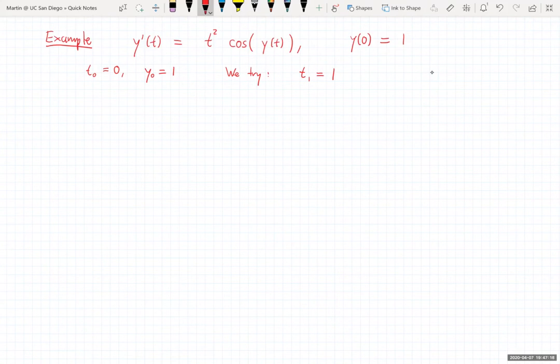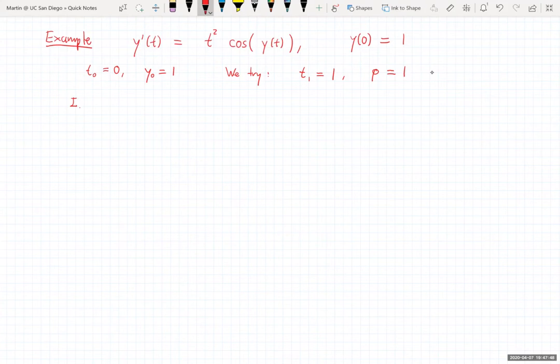And we also need to pick some positive number rho. In fact, the choice of rho doesn't matter here. Let's just pick rho equal 1. And let's see whether we can apply the Picard-Lindelöf theorem.